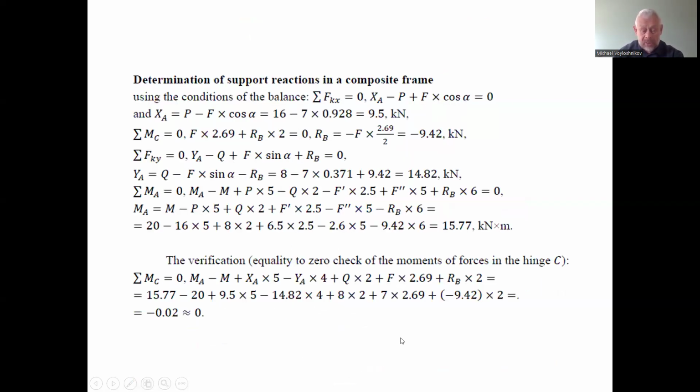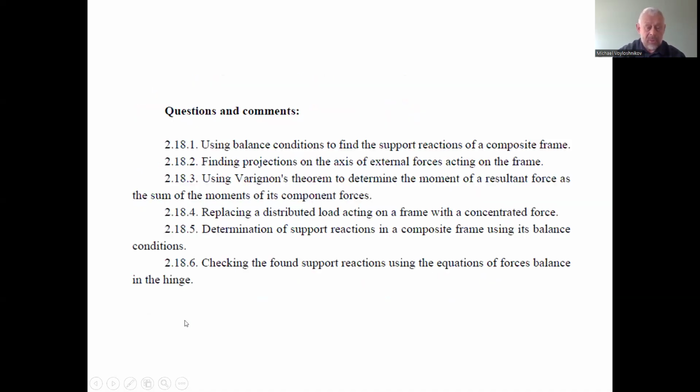So after the substitution of all the listed magnitudes, the total of the moments around the hinge C is minus 0.02, which is about equal to 0 compared with the other magnitudes. The 0.02 is very close to 0, a very small magnitude. So, questions and comments? We used balance conditions to find the support reactions for the composite frame.